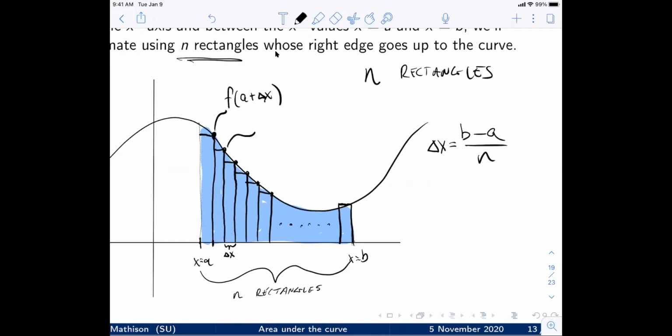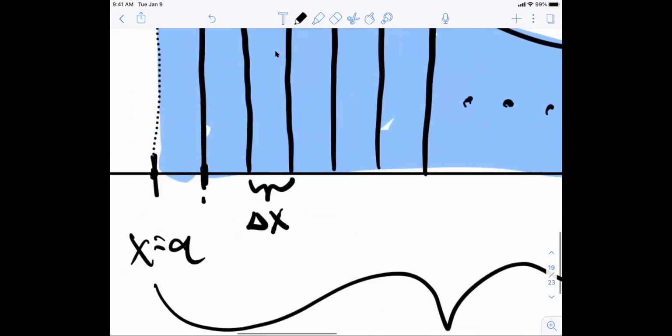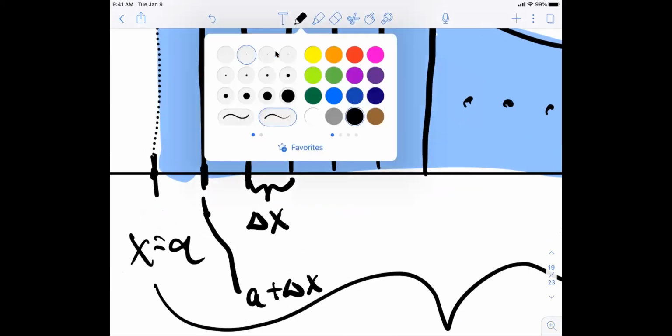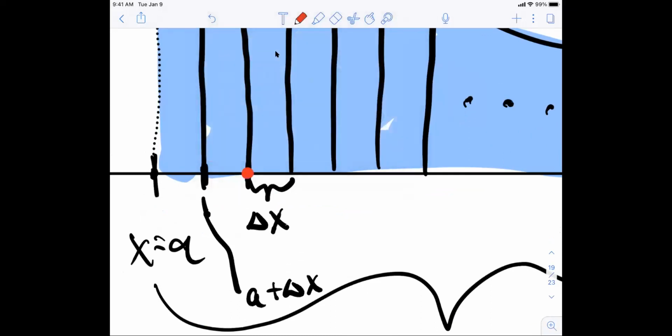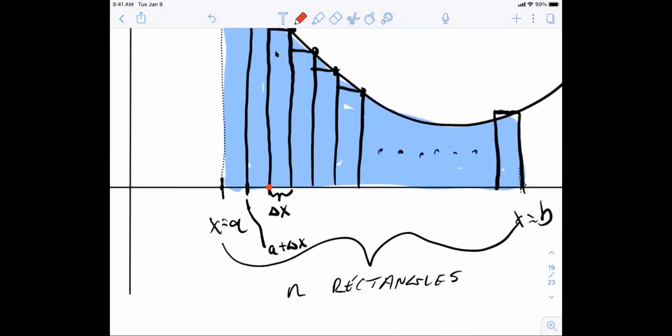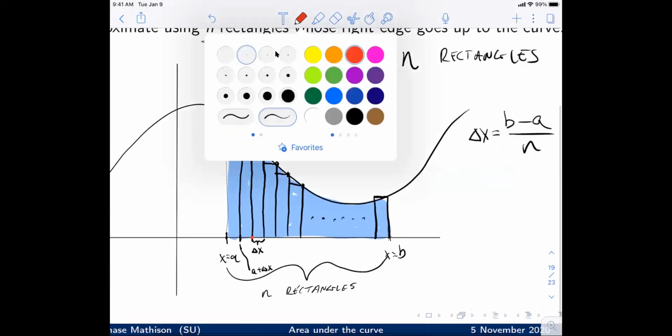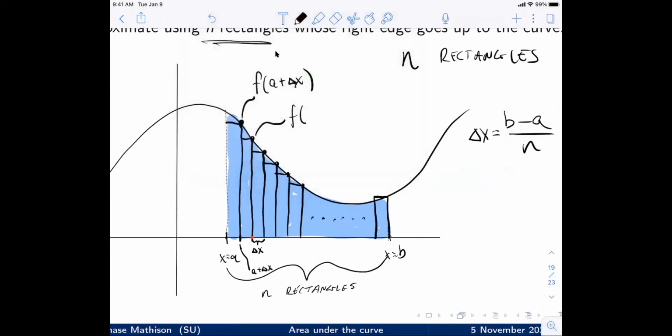What's this going to be? F of, well, if this point here is a plus delta x, then how do I get this point here? A plus 2 delta x? Yeah, I just need to take another step of delta x, right? So that next function value is a plus 2 delta x.